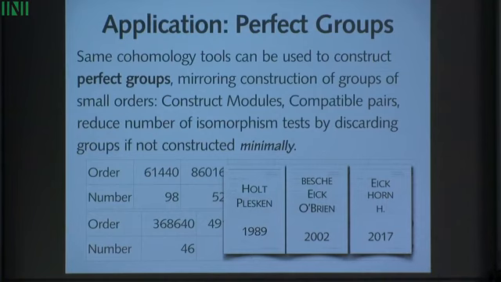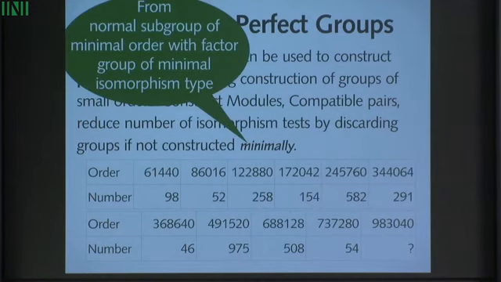I'm using exactly the same thing as in these two papers. It's a different second cohomology. So I construct all modules for the existing groups. I construct compatible pairs. And I reduce the number of isomorphism tests needed by, and that's a generic tool when constructing things combinatorially, putting on some lexicography so that I can often discard groups or results if I know I could construct them in another way.